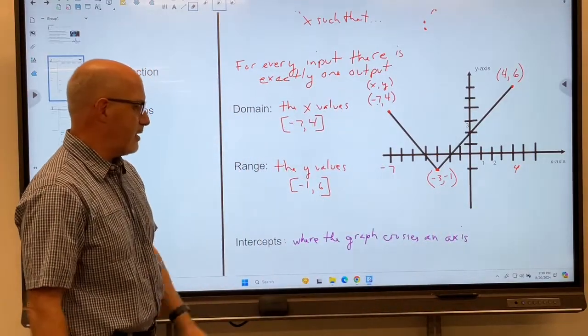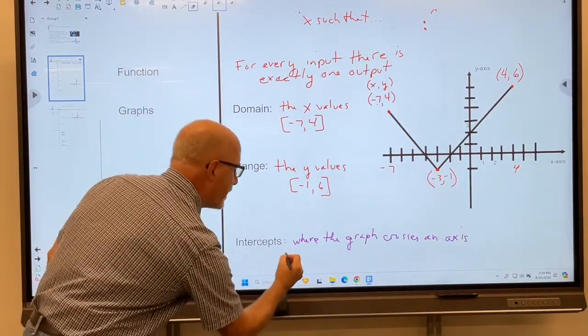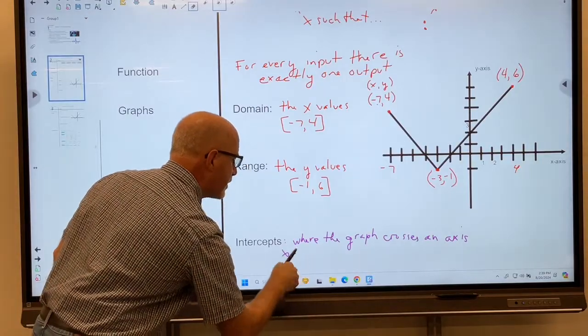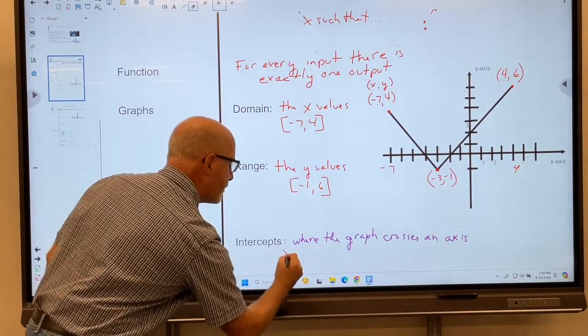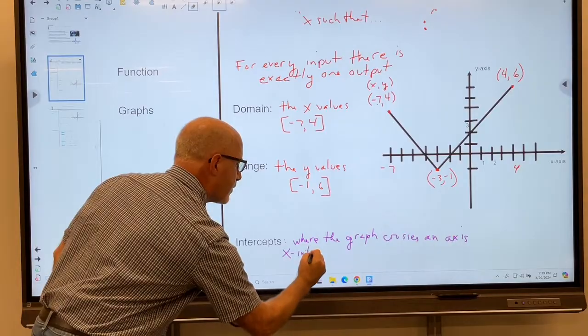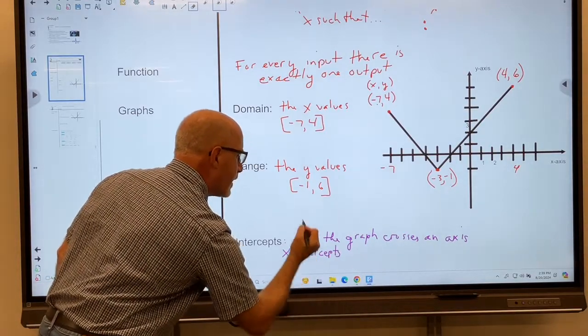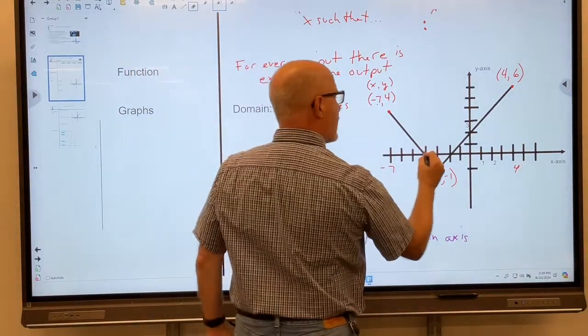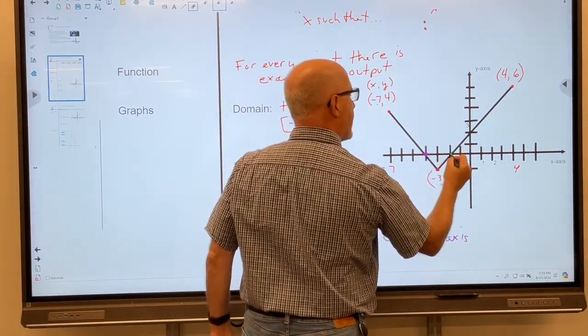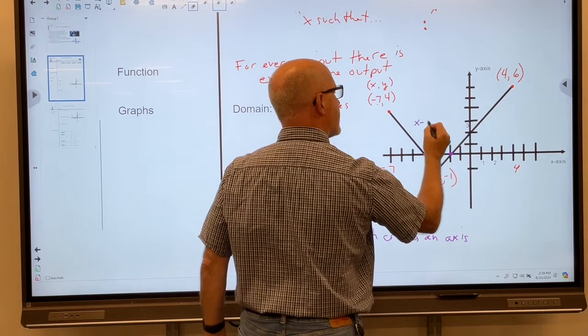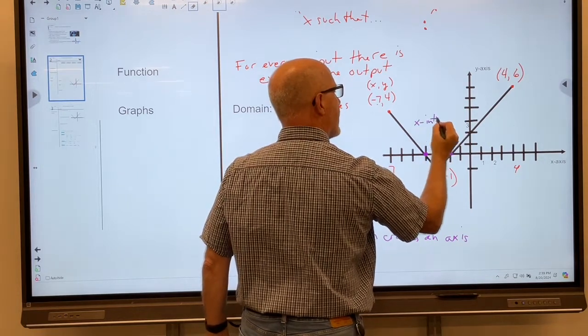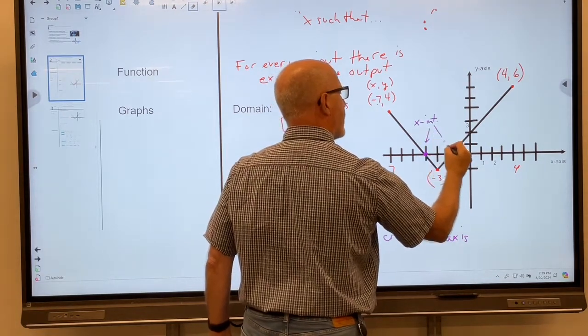All right, let's look at these up here. So we're going to start with the x-intercepts. If you look at the x-intercepts, it crosses right here and right here. Those are my x-intercepts. I'll abbreviate here, right there, and right there.